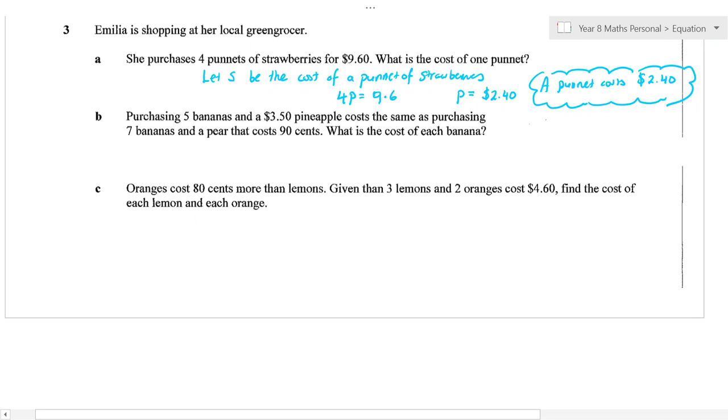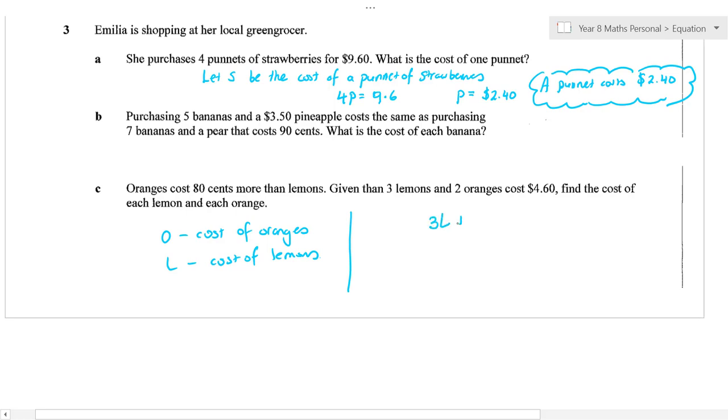Oranges cost 80 cents more than lemons. So what we're going to do is O is the cost of oranges, and L is the cost of lemons. Now, what we can say is 3 lemons and 2 oranges cost $4.60.